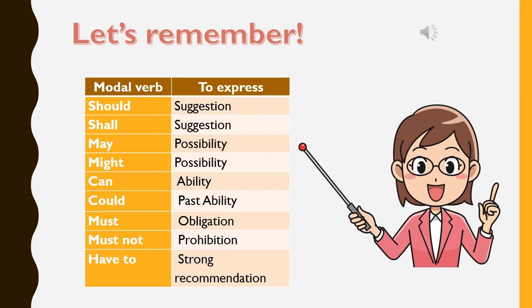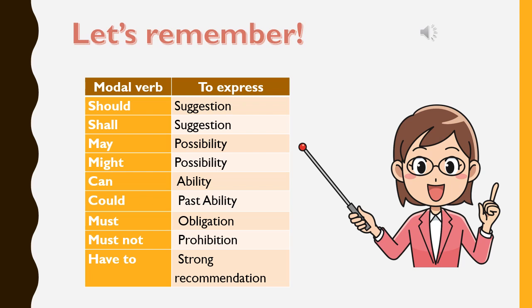May, we use may to express possibility, similar to might. Might is used to express possibility. Can, we said we use can to express an ability, but a present ability. That is the difference with could. Could is used to express a past ability.